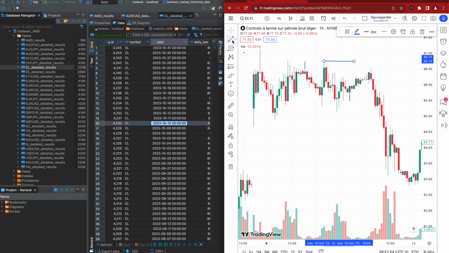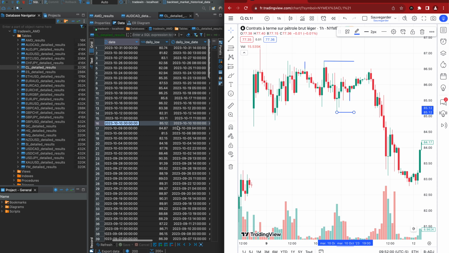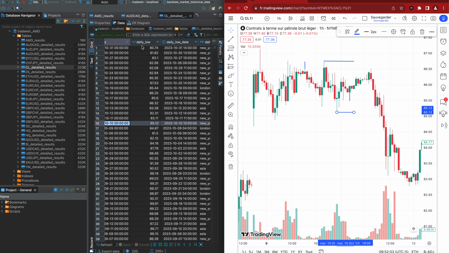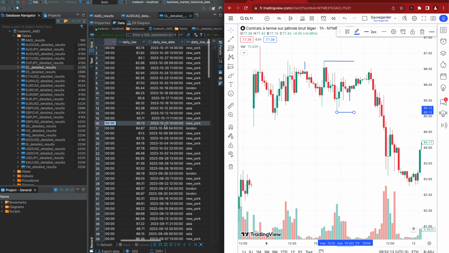We have here the high and here the low. When are they reached? I'm going on the left. It tells me that the low is at 85.12. Reached during the 10 a.m.